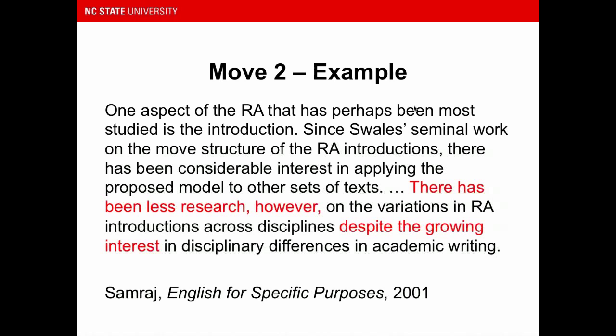So he's saying to folks in the community, hey, wait, we're all talking about disciplinary differences in academic writing, but nobody's looking at how introductions vary across fields. So he's making a gesture specifically toward the audience of this journal and the researchers in this community by saying, we all think this is important, but why is nobody doing this particular work?